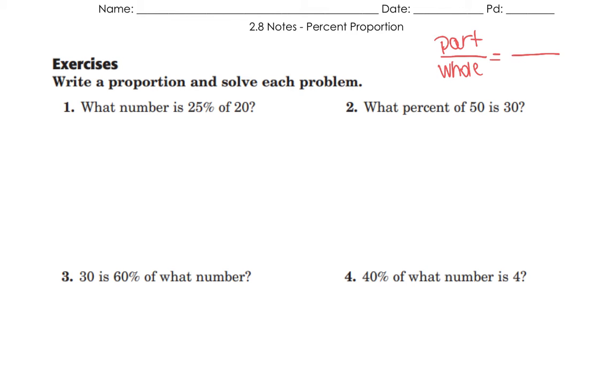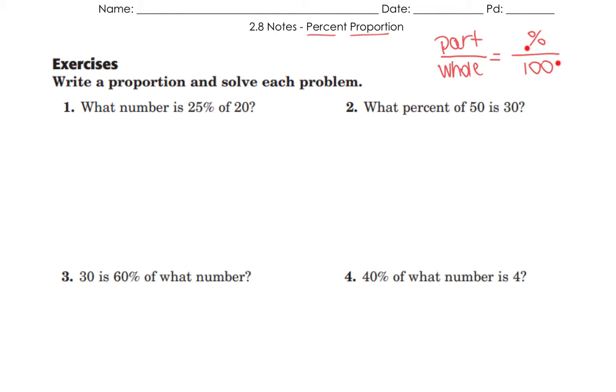So for example, 1/8, the part is 1, the whole is 8. A percent as a fraction is always the percent out of 100 because every percent is out of 100. So in a percent proportion, you're always going to have a 100 underneath the percent.